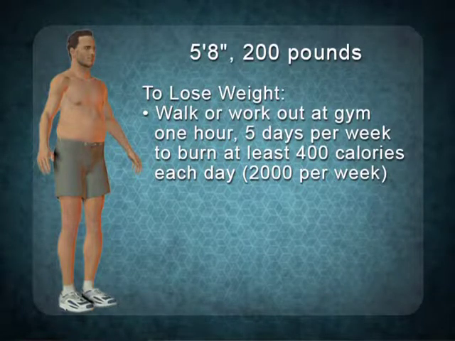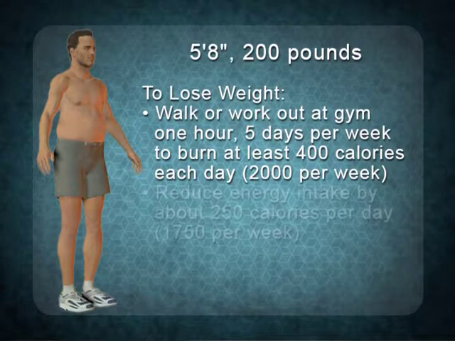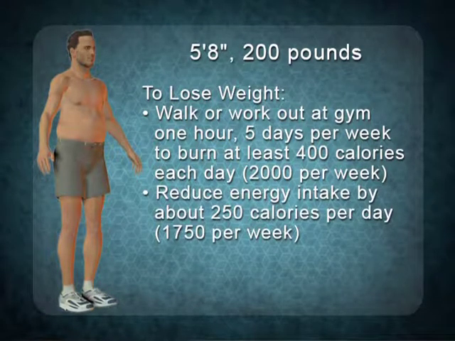So maybe I want him to ramp up his activity, and then he would have an additional 400 calorie loss each day, which would total about 2,000 calories for the week. And I want him to reduce his energy intake by about 250 calories per day to total a loss of 1,750 per week. So 250 calories cut out of a diet really isn't that difficult to do.